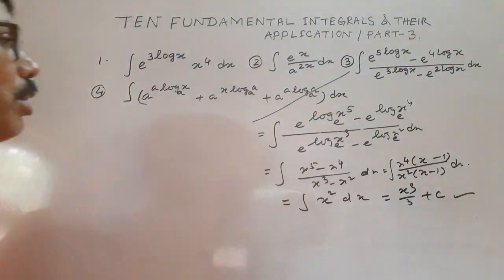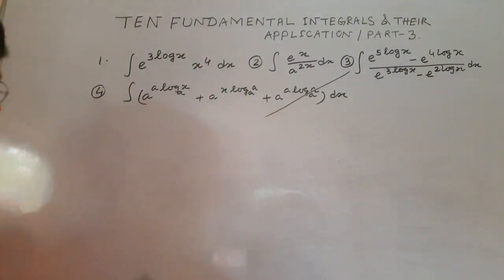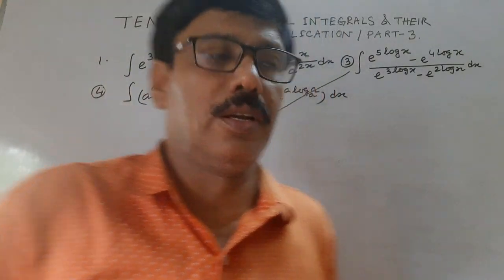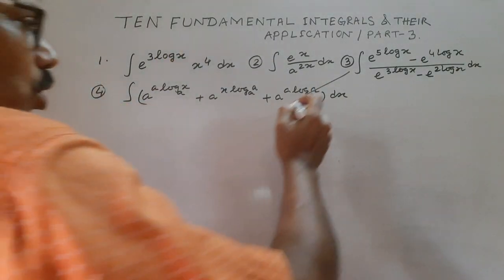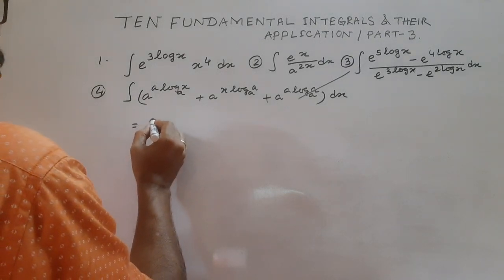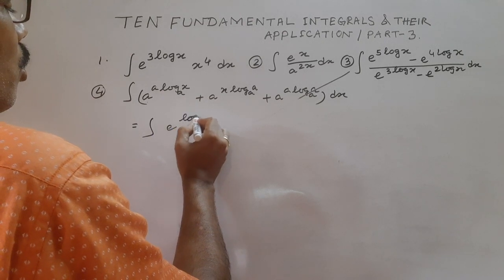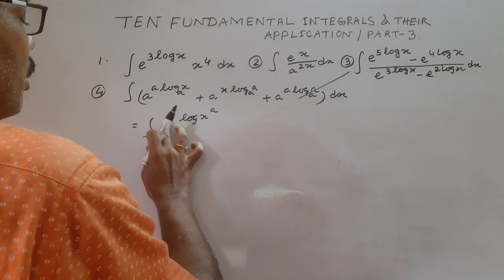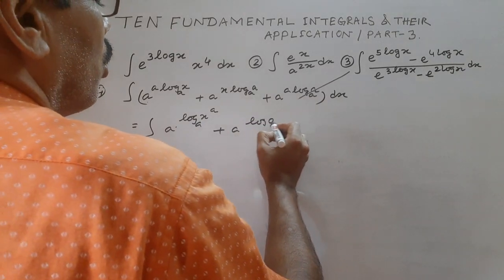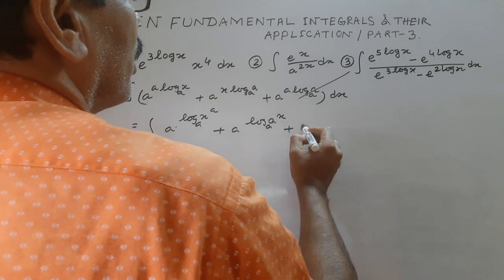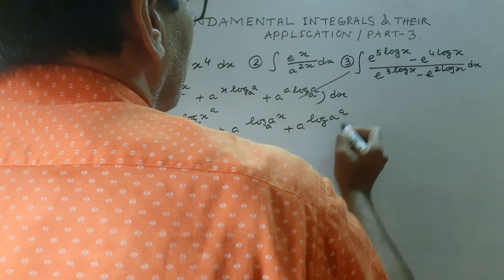Now look, the last one. So we are beginning from the simplest problems, but you need some concept. Now if we simplify it, e to the power log x to the power a to the power x, and a to the power log a to the power x, a to the power log a to the power a.